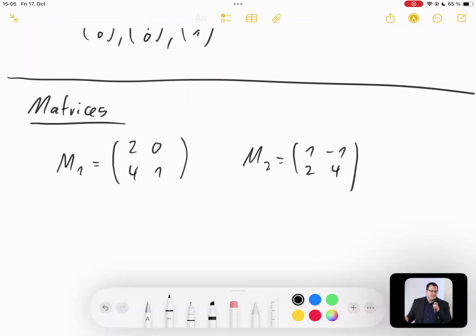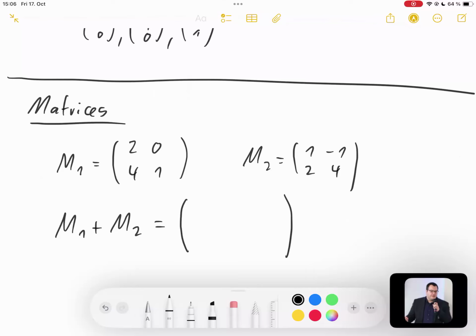And I want to know from you what's the result of M1 and M2. So we add M1 and M2, and what we do is we just add those element-wise.